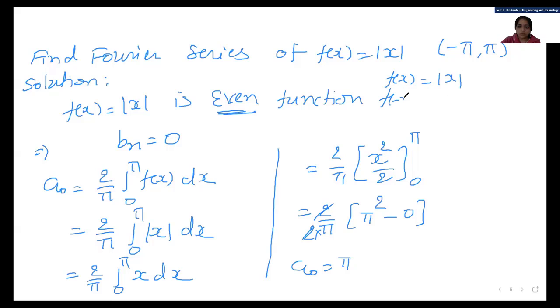So if we take f of x is equal to minus x, then because it is a mod, minus x is x. This one is also x. Okay, so if we take x, or if we take minus x, but the mod of minus x is x only. Got it? Srishti, now your doubt is clear? Srishti? Okay.